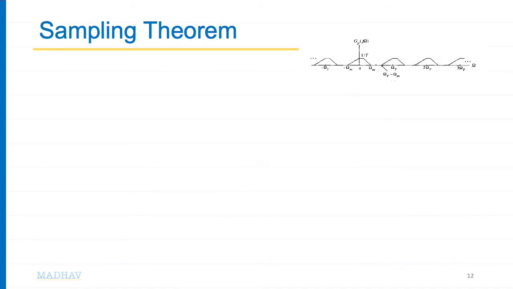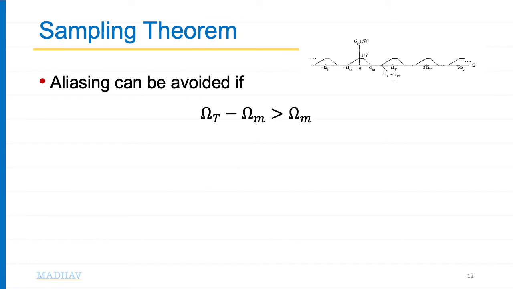Now that is where we get the sampling theorem. Aliasing can be avoided. How to avoid aliasing? So if we ensure that omega t minus omega m is larger than omega m, the maximum frequency for which my Fourier transform is non-zero, meaning my Fourier transform is limited in this range, then there is no aliasing.